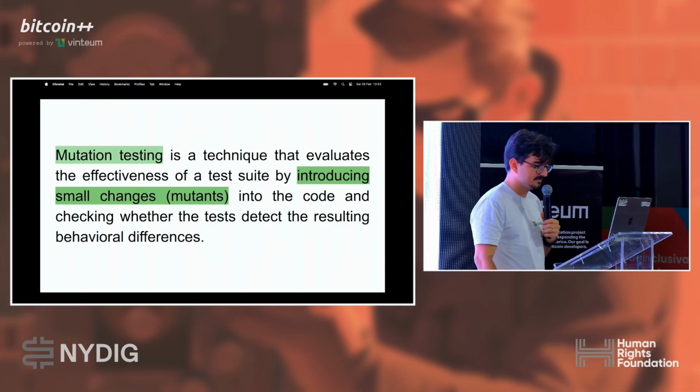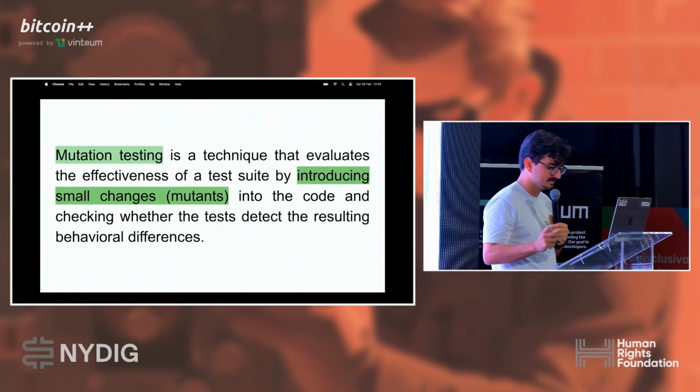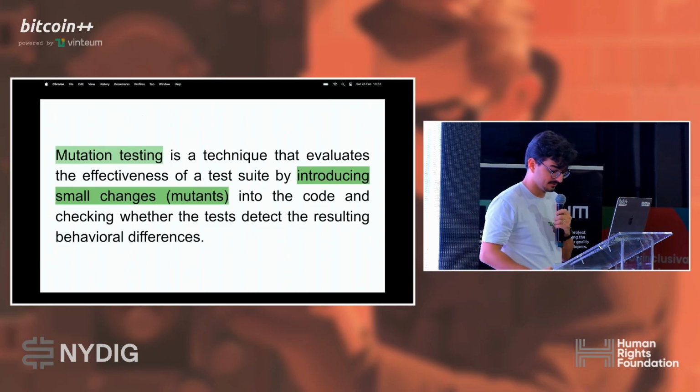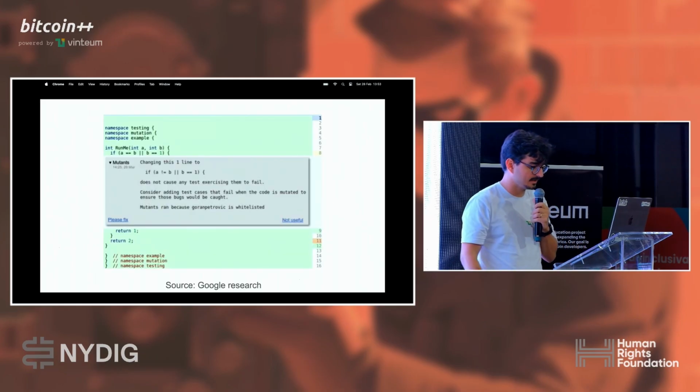Mutation testing is a technique that evaluates the effectiveness of a test suite by introducing small changes, which we call mutants, into the code and checking whether the tests detect the resultant behavior difference. And I have an example here. This is a clear example.